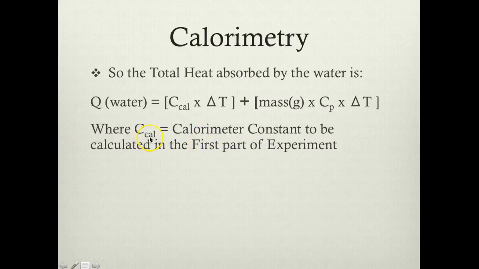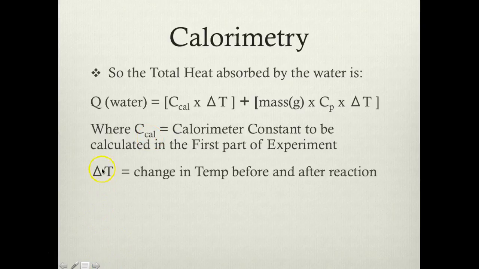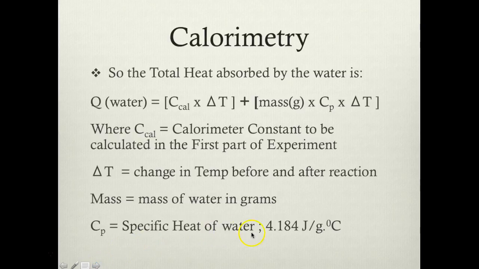We have to determine what this calorimeter constant is. The delta T is that change in temperature. So the initial temperature before reaction is noted, and the temperature after the reaction is over is noted, and the difference between these two is the change in temperature. M is the mass of the water in grams, and the specific heat of water is 4.184 joules per gram degree centigrade.